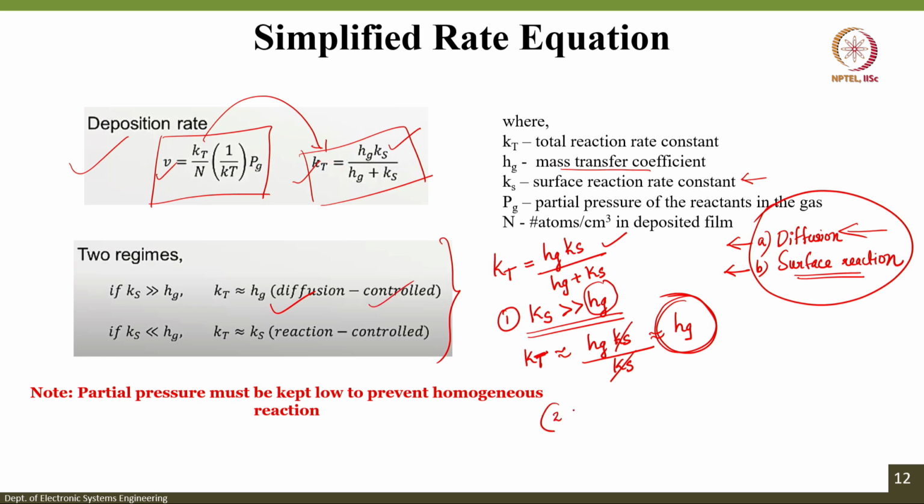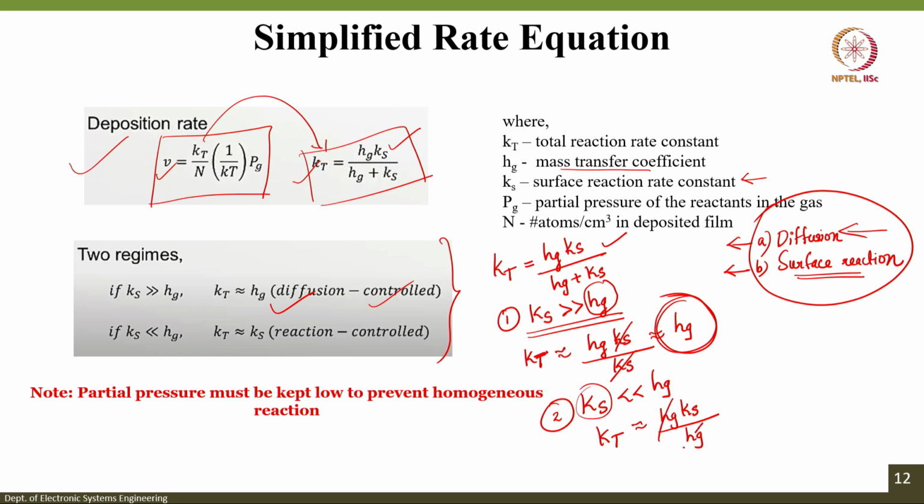When you move to the second case, where the surface reaction happens at a very low rate compared to your mass transfer coefficient, and you substitute it in the equation for the total reaction rate constant, what you get is Hg times Ks divided by a denominator that you can approximate as Hg alone, because the value of Ks is very small.